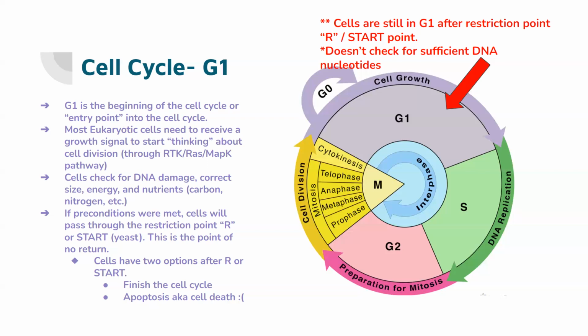That is definitely a type of question you're probably going to see on the exam. A good way to practice is, if you're looking at a diagram like your RAS RTK MAP kinase pathway, cross out your SOS, or in the cell cycle, think about what would happen if we skip this, what are we missing. That is something she might ask you on the exam.